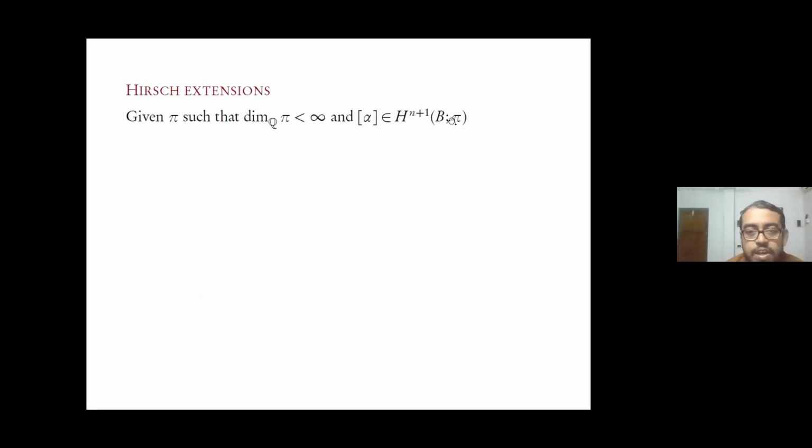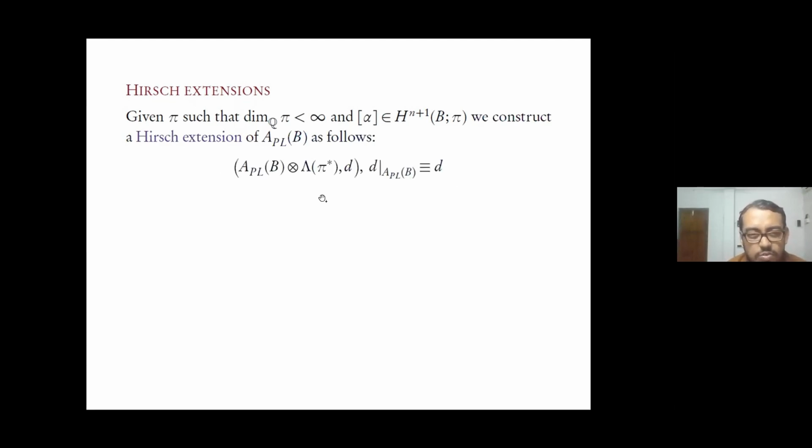And here we construct what's called the Hirsch extension of this model. Remember, we constructed this APLB, the piecewise polynomial forms with Q coefficients built out of simplices first and then extended. So how do you do this? Well, you construct a new CDGA, which is the old CDGA APLB tensored with the free graded commutative algebra generated by pi star.